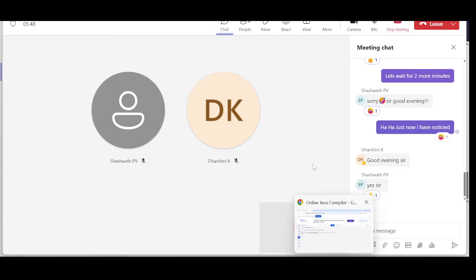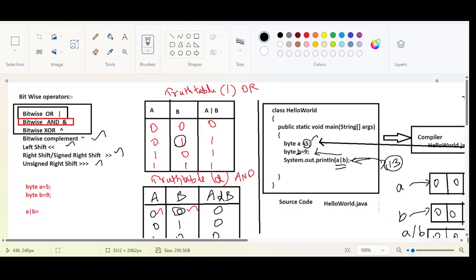So today Ganesh is not going to be available because of his project work. We will continue discussing bitwise operators. In our extra days class, I just introduced the bitwise operators.